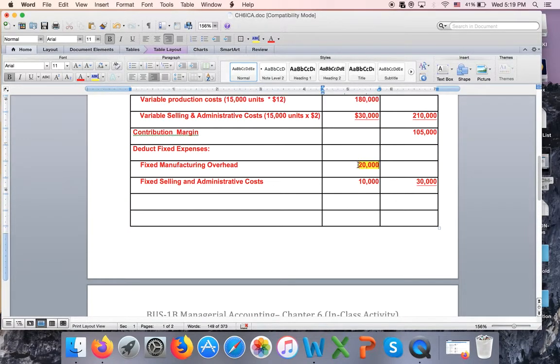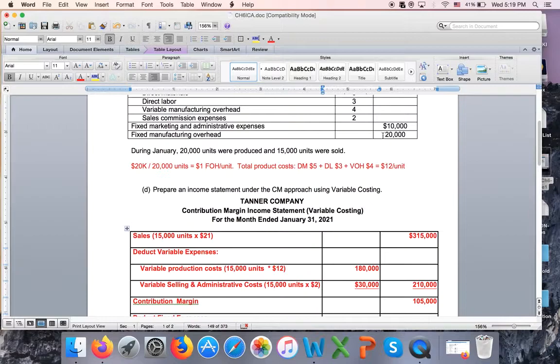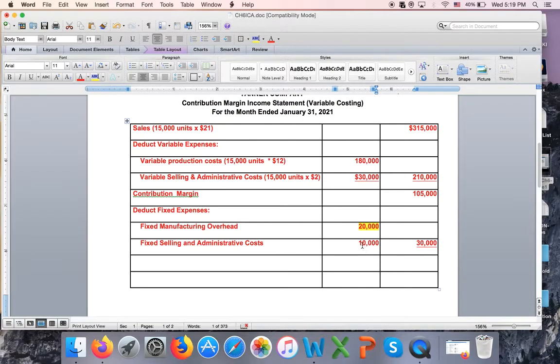Here I'm expensing out everything. The entire amount is classified as product costs, so it's expensed out right away. And we also subtract fixed selling and administrative costs. So my total fixed costs are $30,000. Under this method, which is not allowed by GAAP but is much more reflective, my net income is $5,000 less. And it's more realistic.